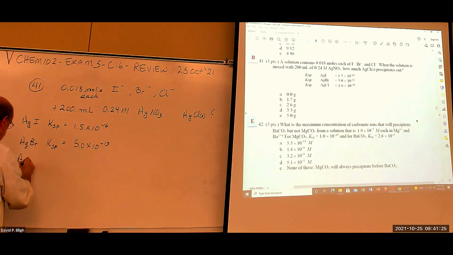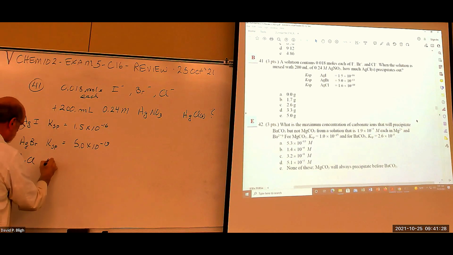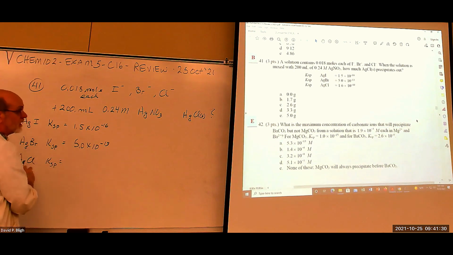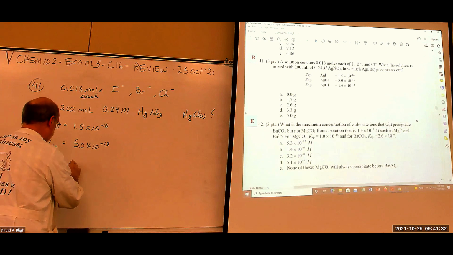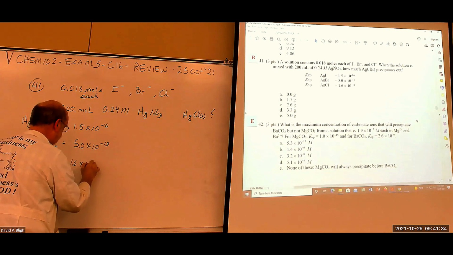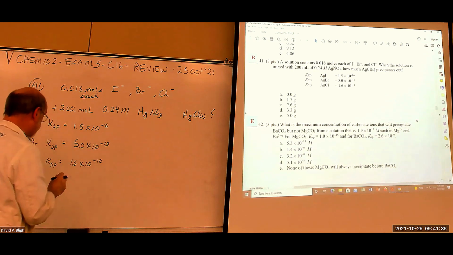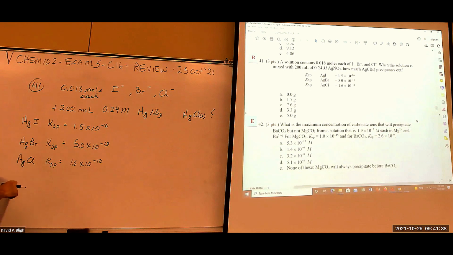And silver chloride, KSP, is 10 to the minus 10. Okay, first thing to notice is we've got the same number of ions from each one, which means we can directly compare these and say which one comes out first. Okay? Silver iodide is going to precipitate first.